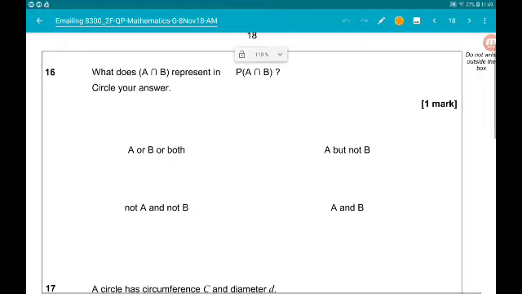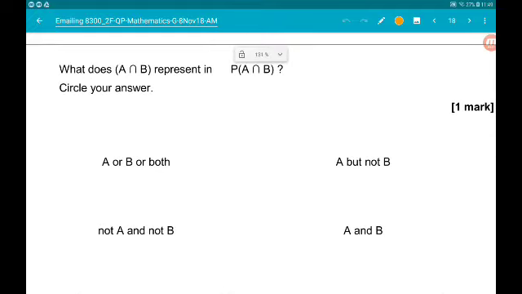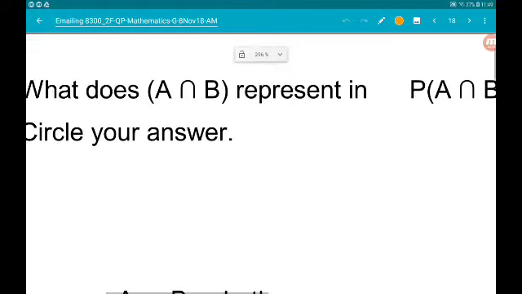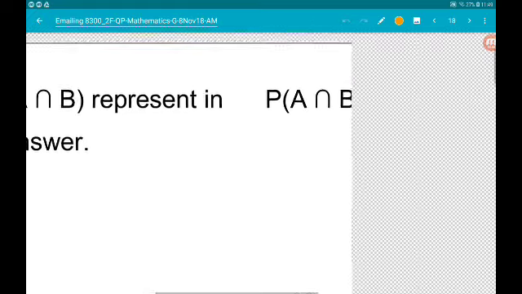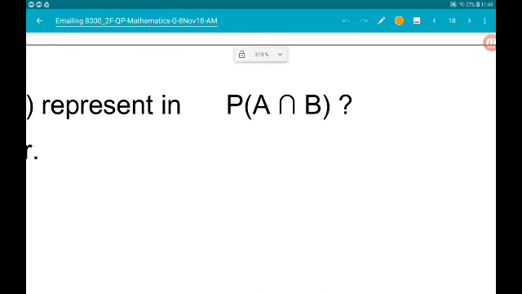Okay, 16. What does this mean, or what does it represent, in P brackets that?